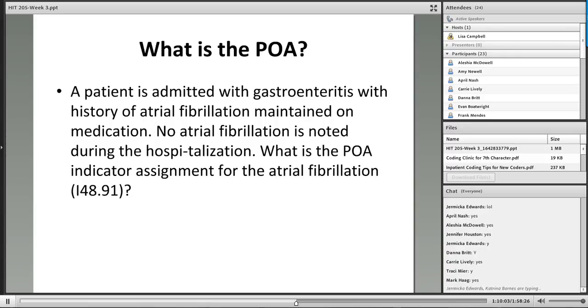So that's where hopefully you will remember this lecture and say, well, wait a minute. They're taking medications for it. You don't take medications just because, right? It just happens to be the medication is controlling the problem, but it's still present on admission.